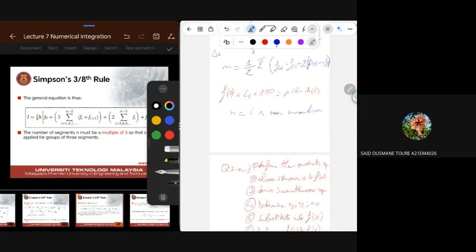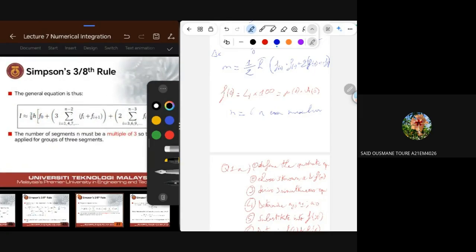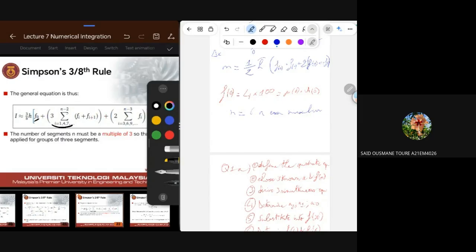So you have 3/8 h times f0, then 3 times the terms at indices 1, 4, 7. What is between them? You add 3 each time: 1, then 4, then 7, so between 1 and 4 there are only two numbers, 2 and 3.